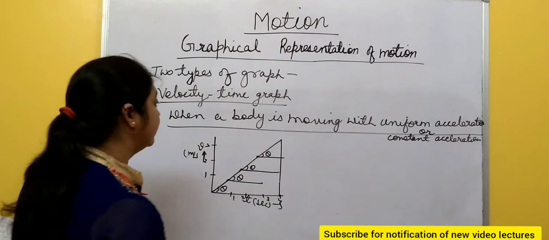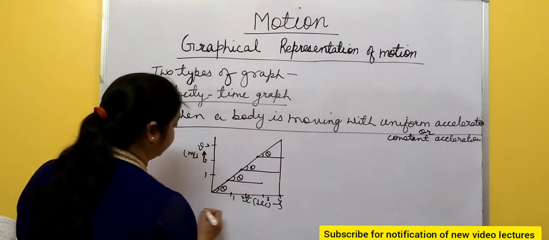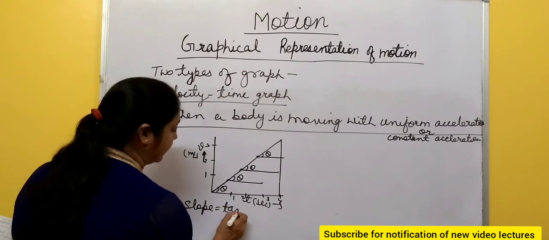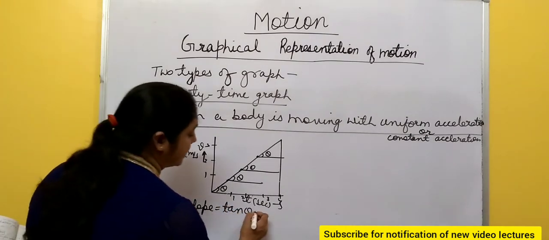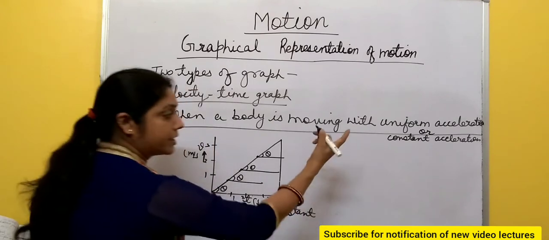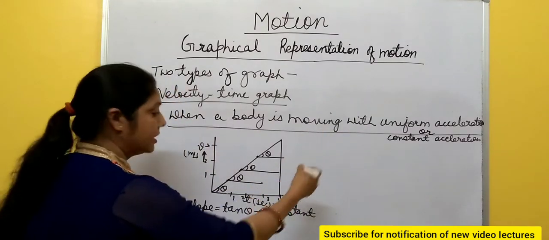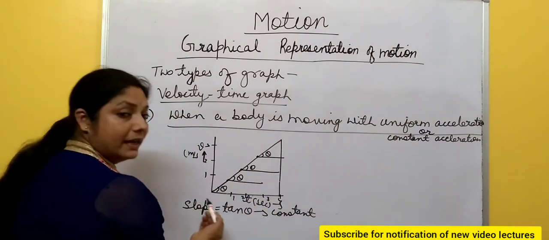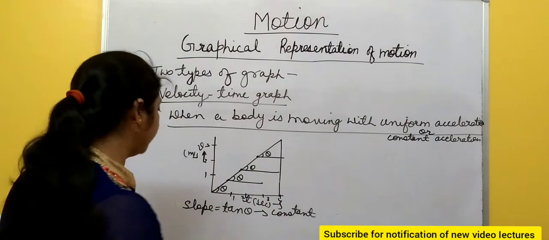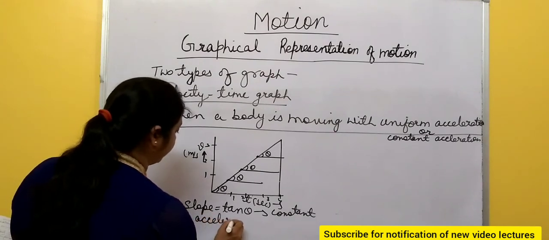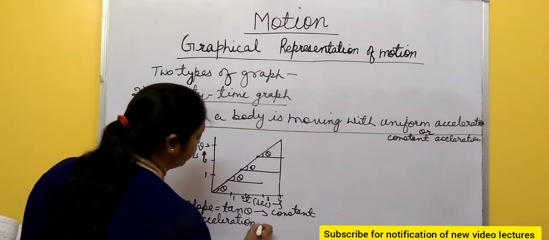Theta constant means what? Slope is tan theta. If theta is constant, it means the slope is constant, right? And the slope of this velocity time graph, y-axis by x-axis, gives acceleration. So acceleration is constant or uniform, right?